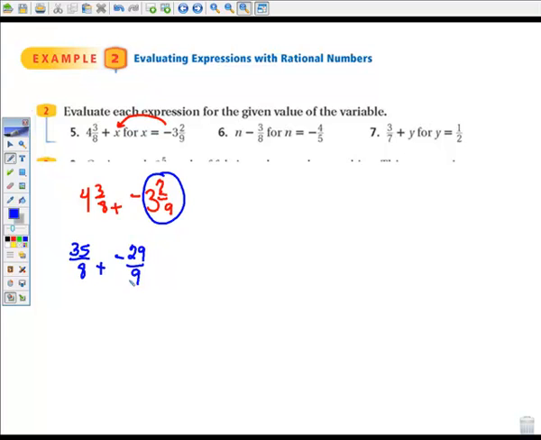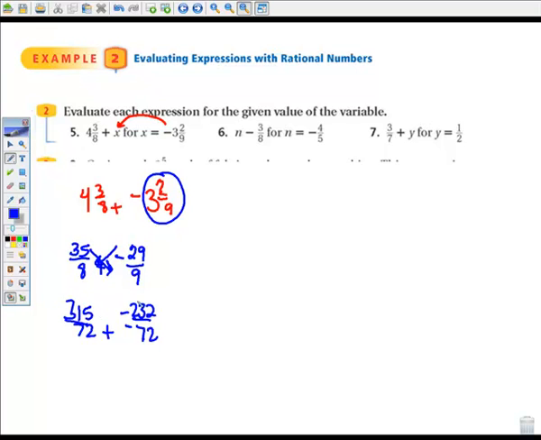29/9. Common denominator is 72. 35 times 9 is 315. And negative 29 times 8 is negative 232.